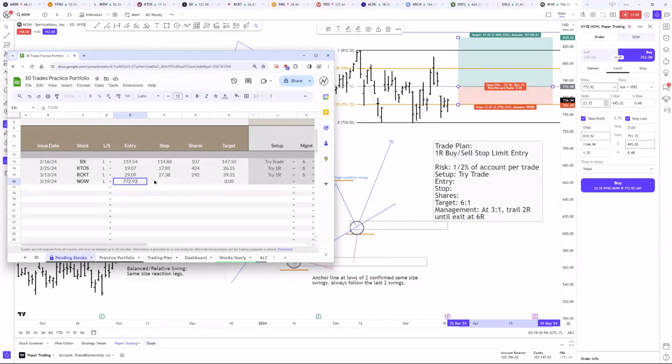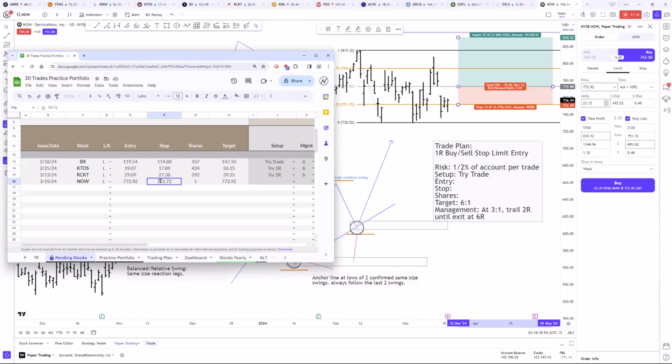Don't let the high price stocks scare you, right? Even if you only buy one share, it's the same thing. And by the way, higher price stocks generally trade smoother than lower price stocks, right? $5 to $10, those guys get a little squirrely because so many people are trying to make their fortunes. So the stop is going to be 751.72.